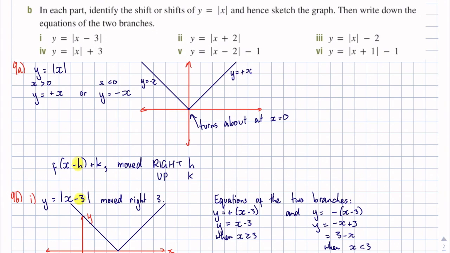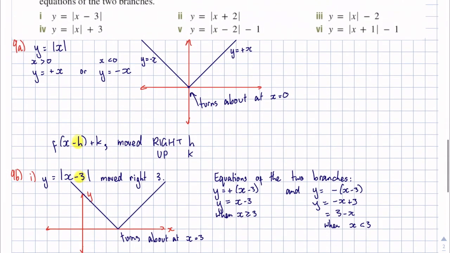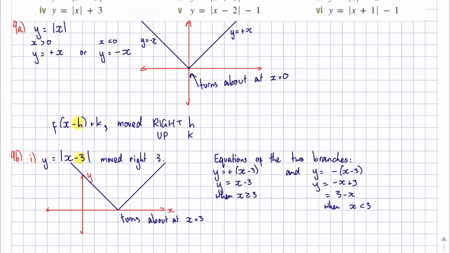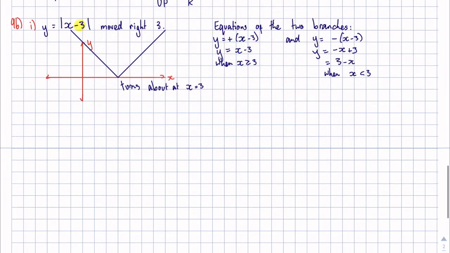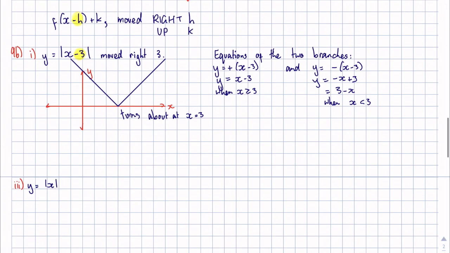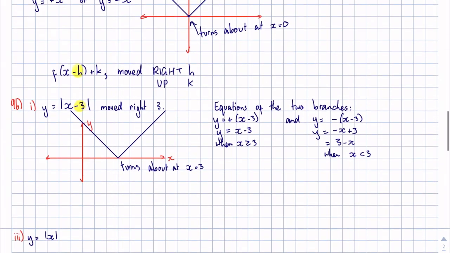Okay, let's have a look at, oh, I'm not going to do II just because it's really similar to I, but it's moved left 2. I'm going to do III. So for III, we have y equals the absolute value of x, take 2.